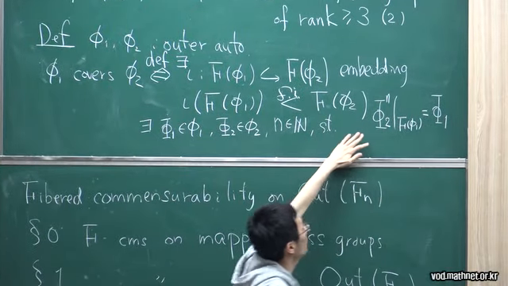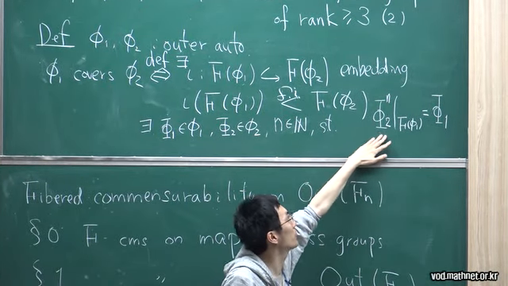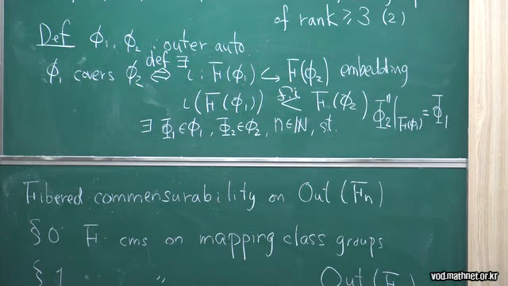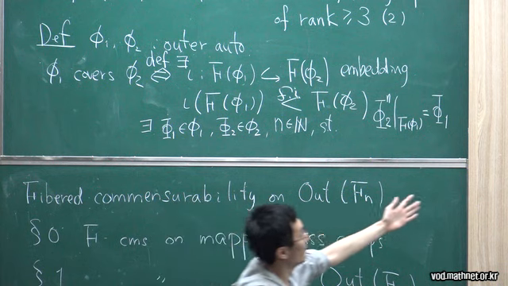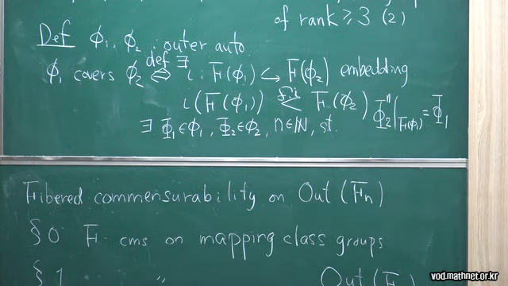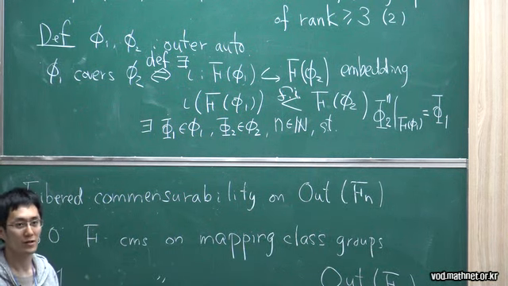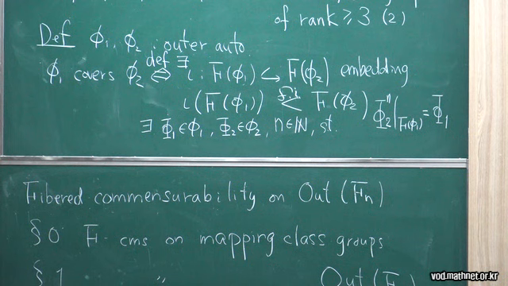So this also means that the power of phi 2 preserves the image of F(phi 1). And if you know covering theory, this is just a translation of this relation into the fundamental group, except that here I only consider positive powers. Is that clear?